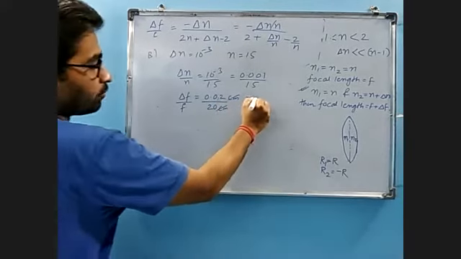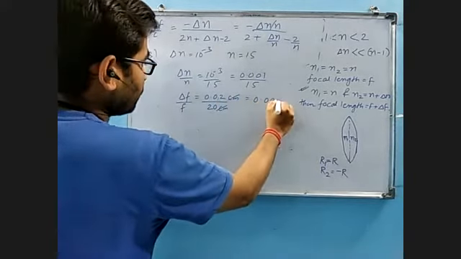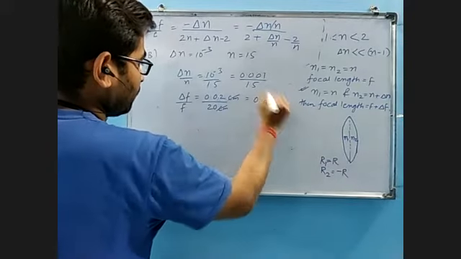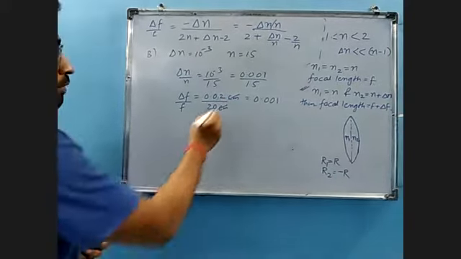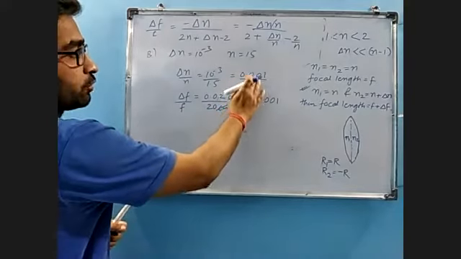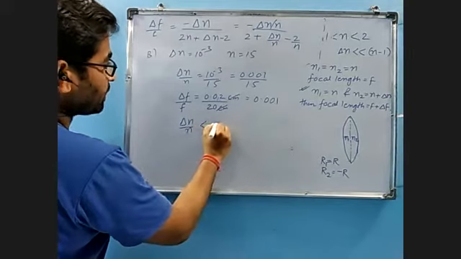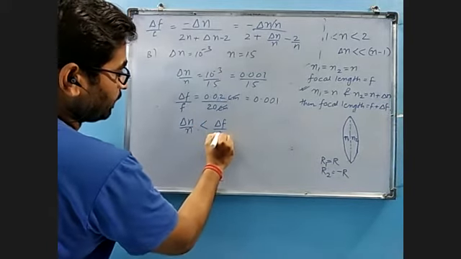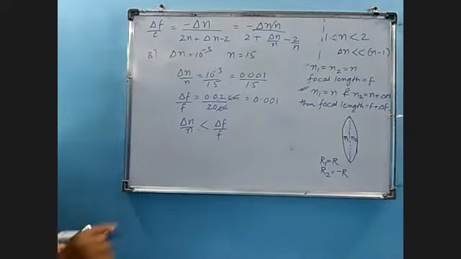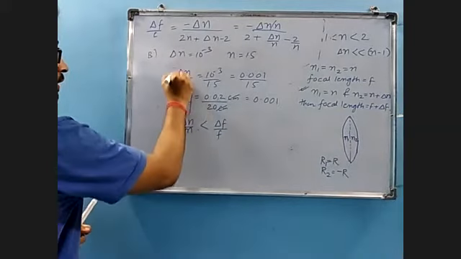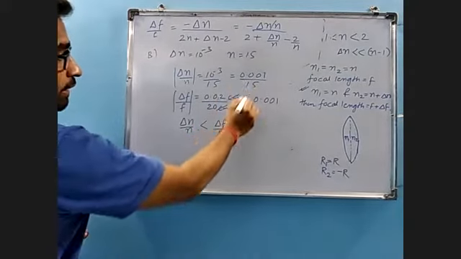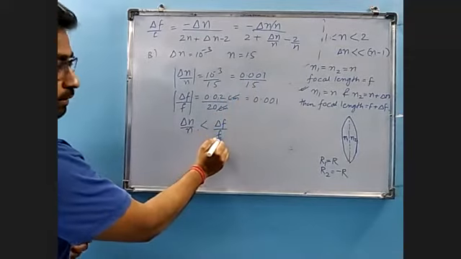So this will be around 0.001. You can clearly see delta n by n will be less than delta f by f, right? The magnitude of delta n by n is coming out to be less than delta f by f, right?